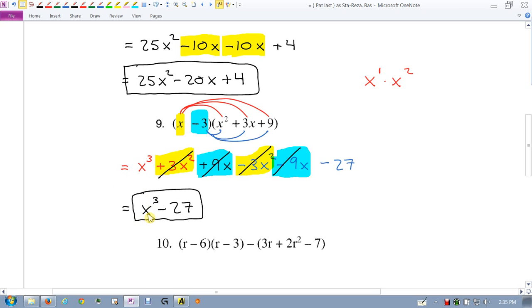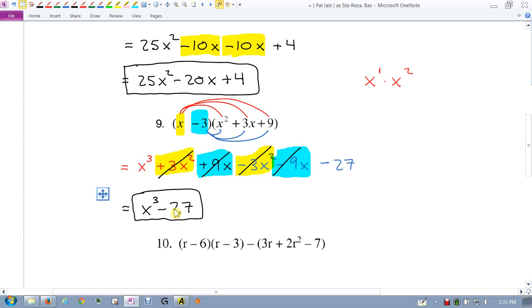Yes. When you multiply polynomials together, you get a new polynomial. When you are given a polynomial like this, you can be asked to take it back to a multiplied version, and that's called factoring, going the backwards operation of this. And x cubed minus 27 is what turns out to be a very special type of factoring. We would have to recognize this as being what we call a difference of cubes.